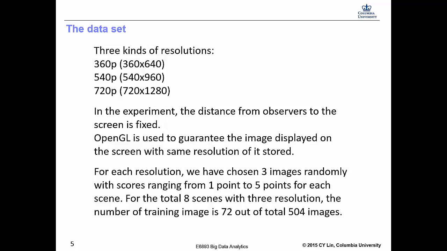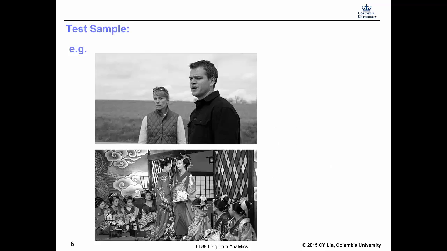And for the training dataset, for each resolution we have chosen 3 images randomly, with scores ranging from 1 point to 5 points for each screen. For the total 8 scenes with 3 resolutions, the number of training images is 72 out of the total 504 images. Here are the 2 test examples.